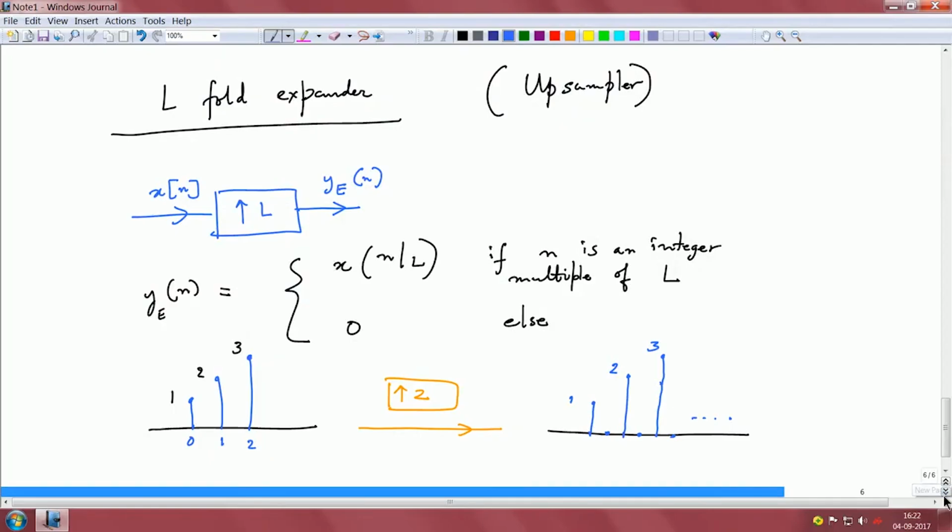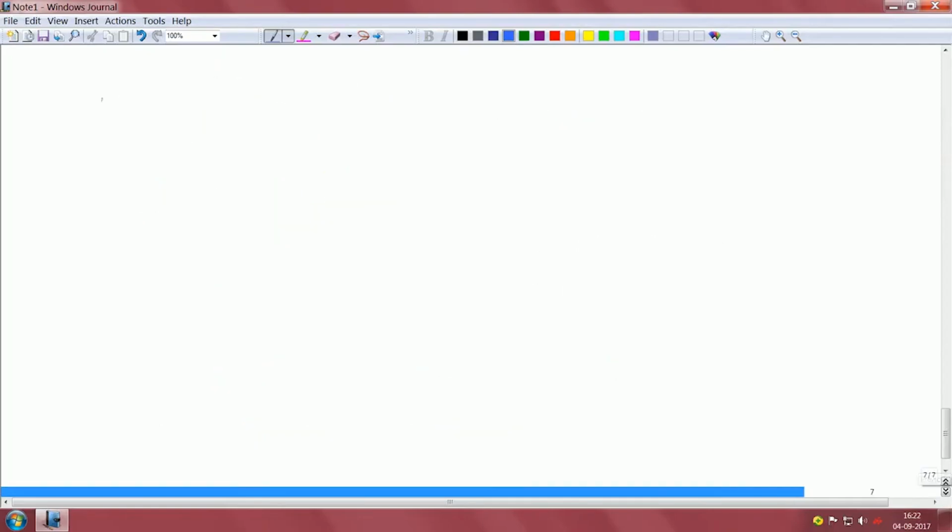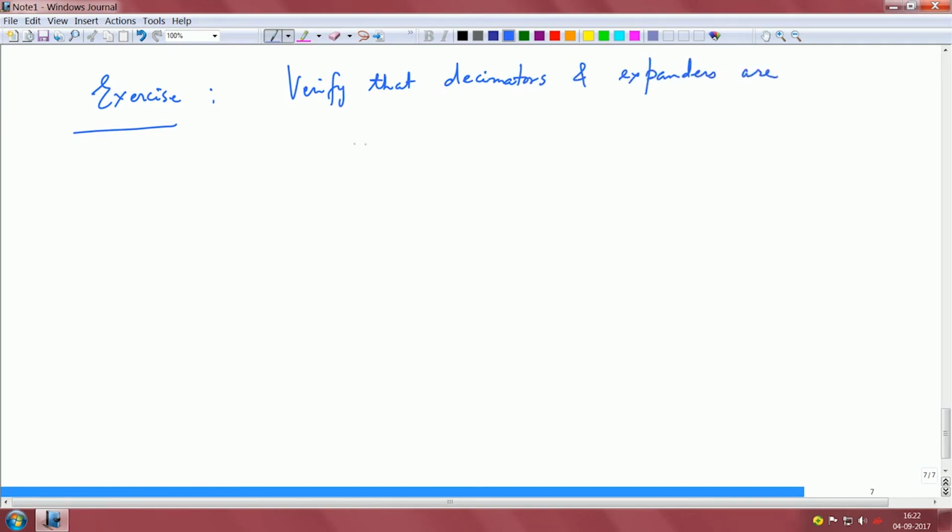But here I would like to give you a simple exercise for thought, not so difficult. Verify that decimators and expanders are linear but time varying.